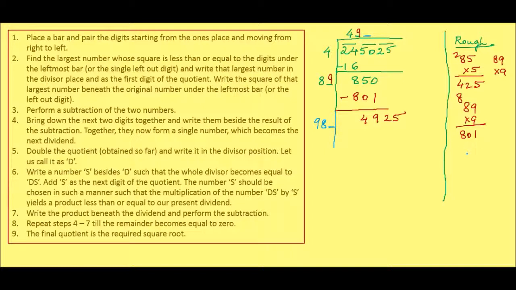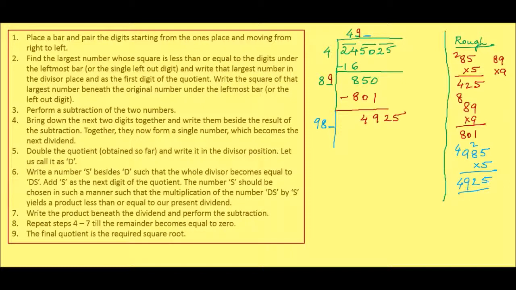So let us try the value of S as 5. 985 times 5. 5 times 5 is 25, 5 times 8 is 40, plus 2 is 42, and 5 times 9 is 45, plus 4 is 49.